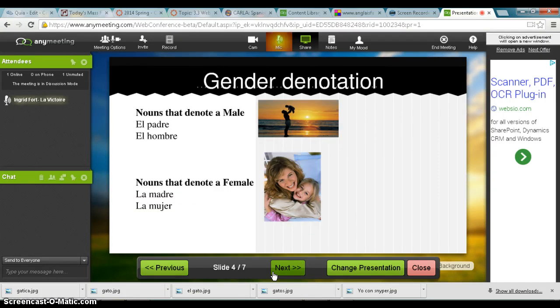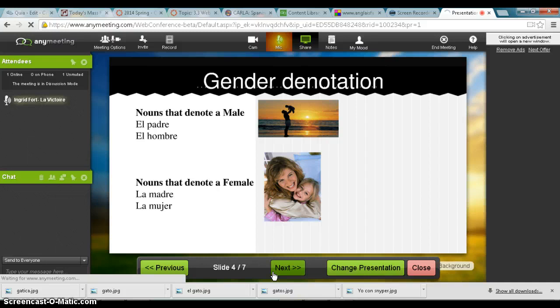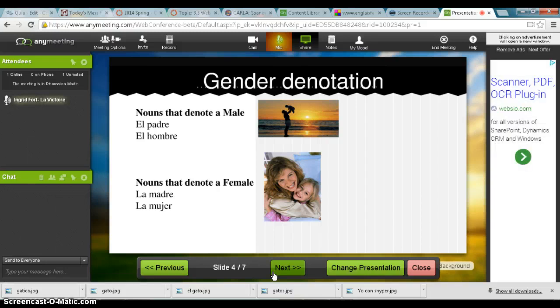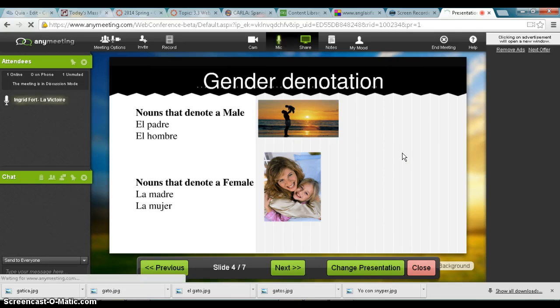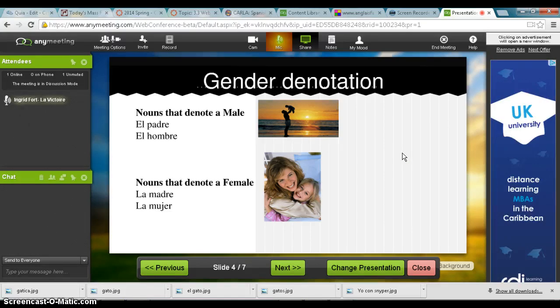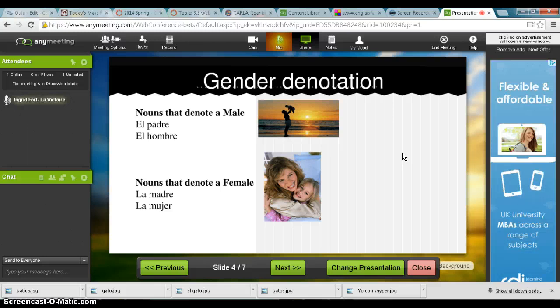Gender denotation. There are some exceptions, of course, because Spanish is made of words that come also from Latin and Greek. And so words that denote gender, like el padre, would not take the rule of the O for masculine.